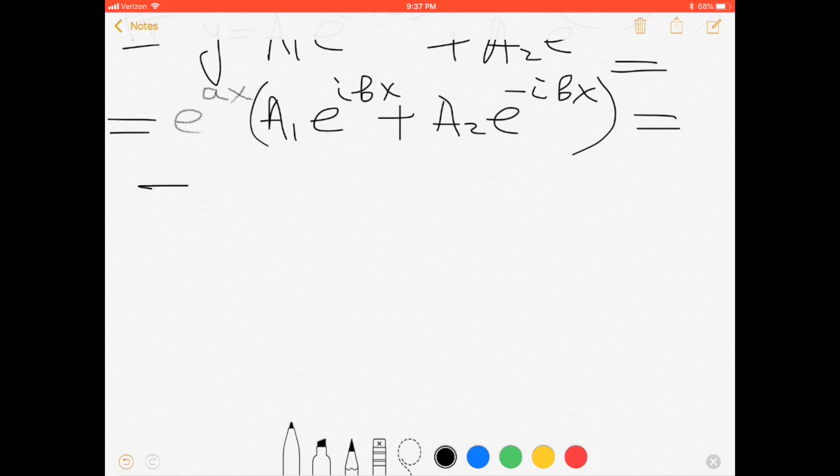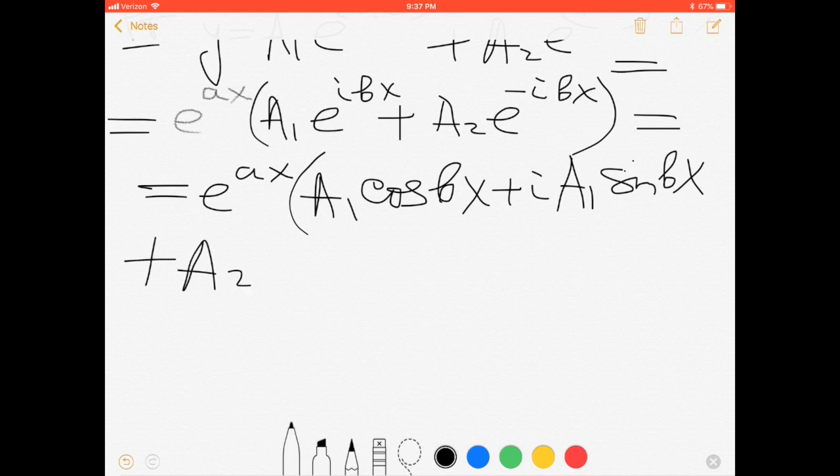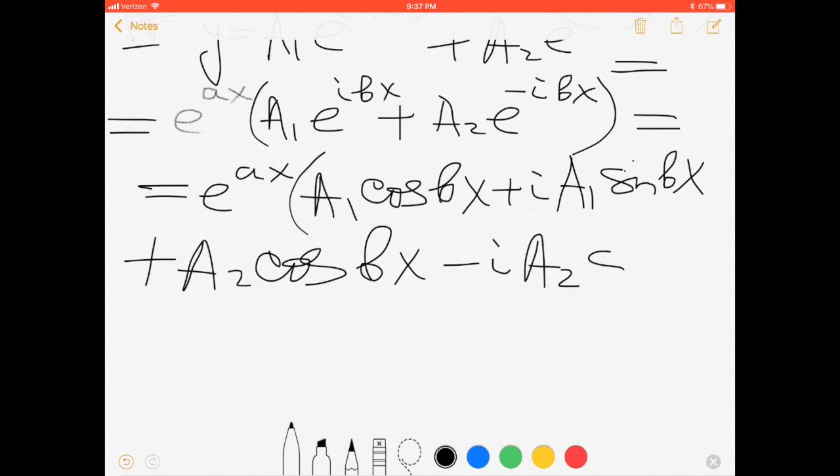We can rewrite a1 cosine bx plus i a1 sine bx plus a2 cosine bx minus i a2 sine bx. Simplify and use new parameters.